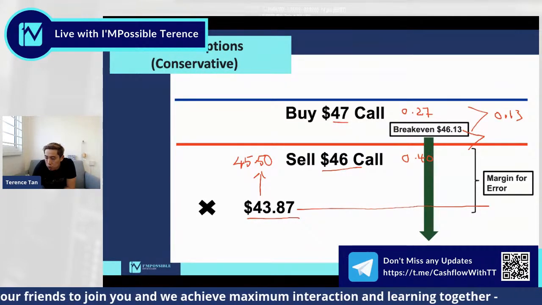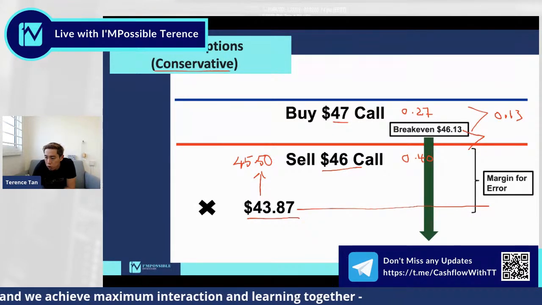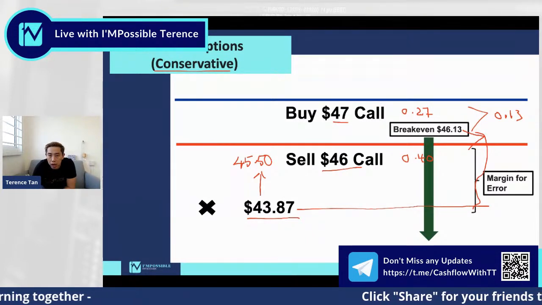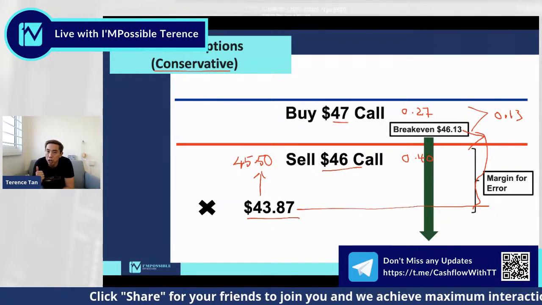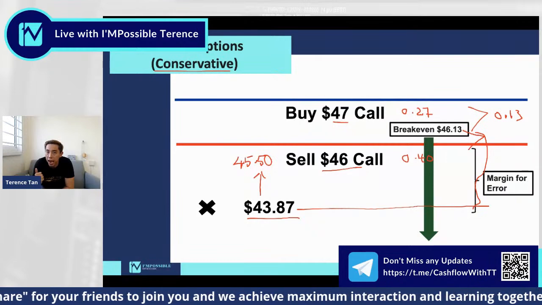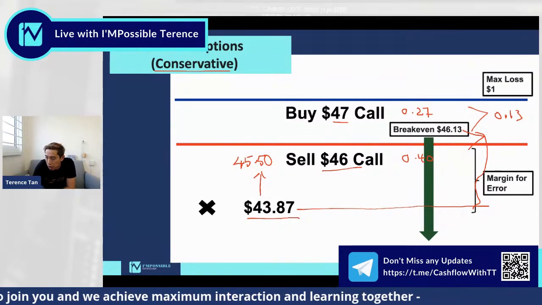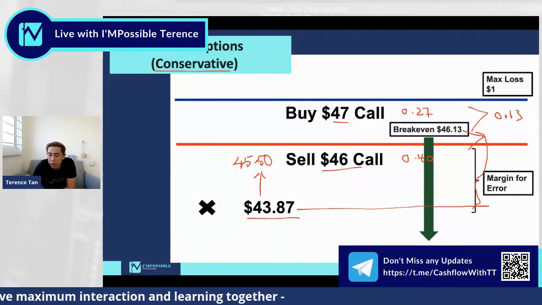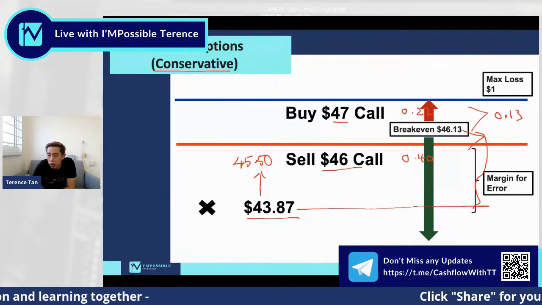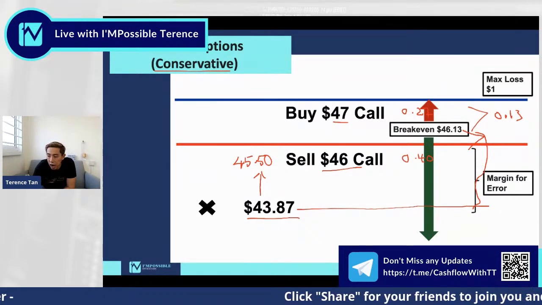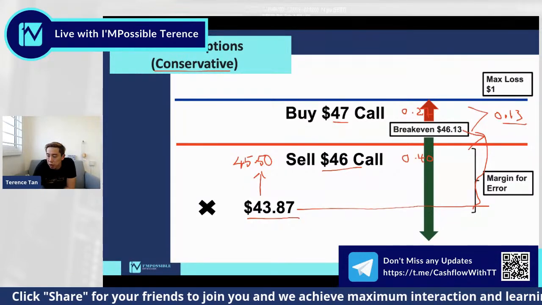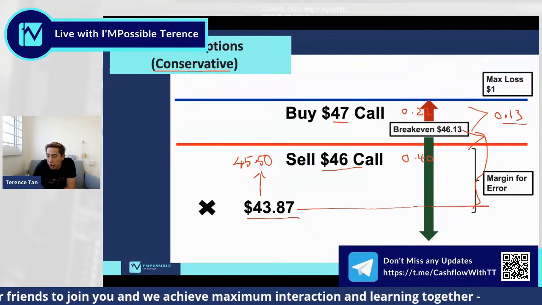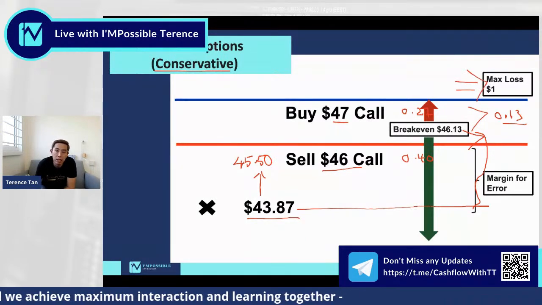Now, this is what we call the conservative approach, where you pack yourself with a huge margin for error, in case the stock goes up and you're wrong, either with your market direction or with your market timing. Anything above 46.13 will equate to a net loss on that trade. But in exchange for the lower offset amount that we are pocketing today, we get an element of what we call a max loss.